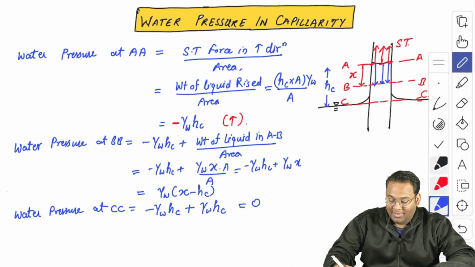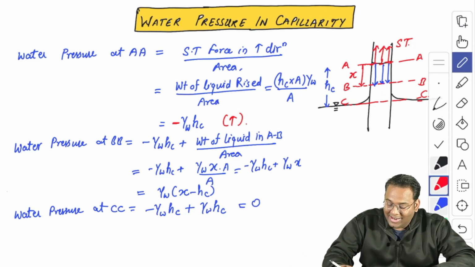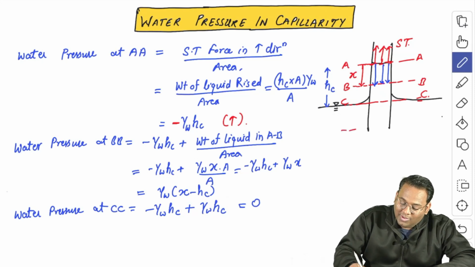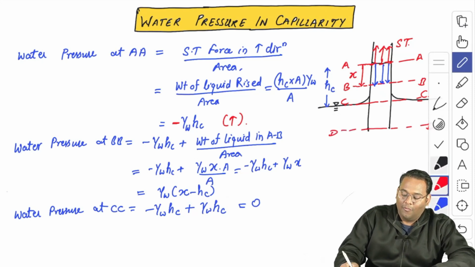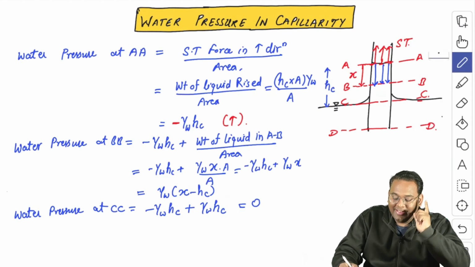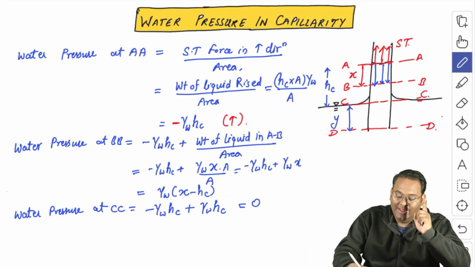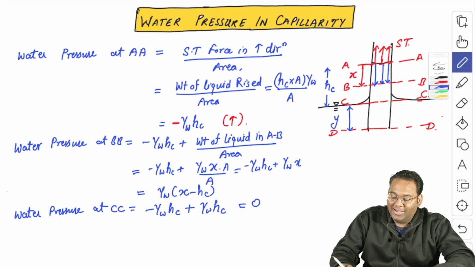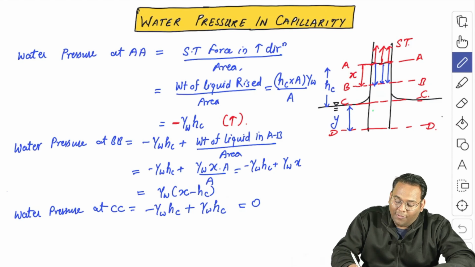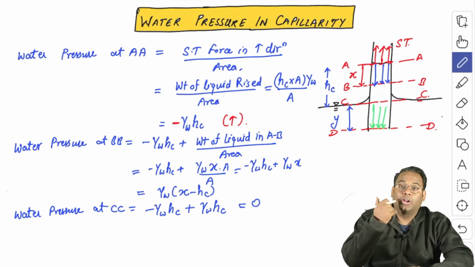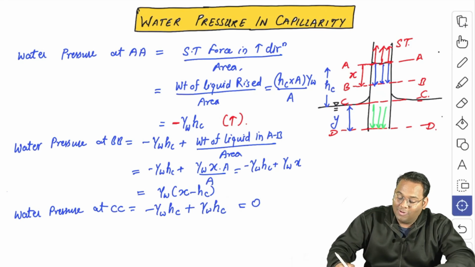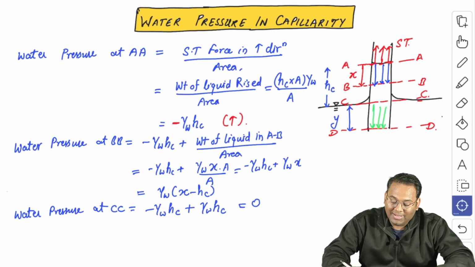But let us further extend our study to the layer DD. At the level DD, let us assume that this distance is y. Then the weight of fluid acting in the downward direction will be of the water column having height equal to h_c plus y.